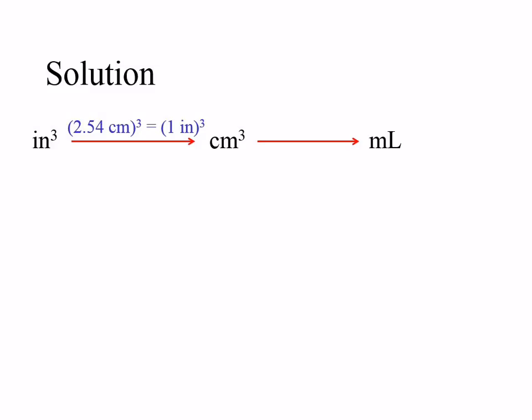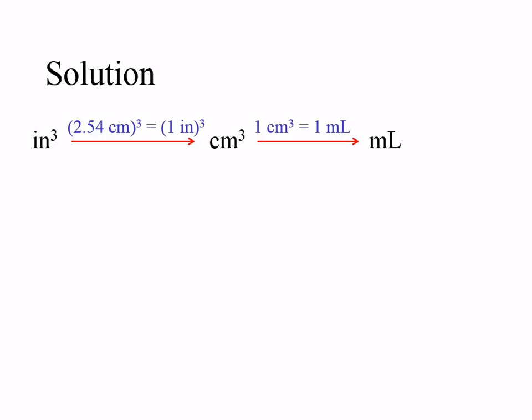That's one you have to memorize too. It's 1 to 1: 1 centimeter cubed is equal to 1 milliliter. And that's exact.